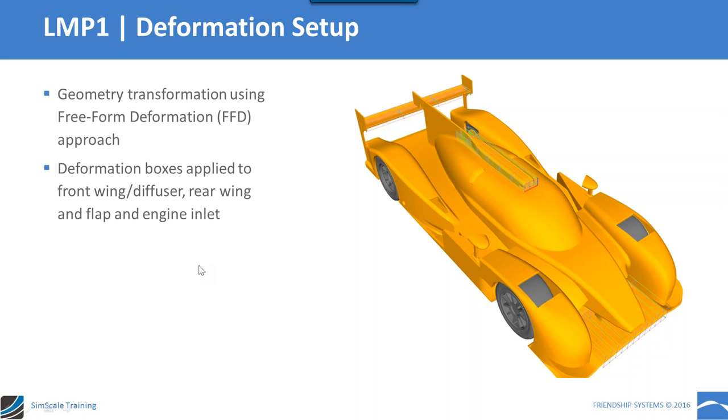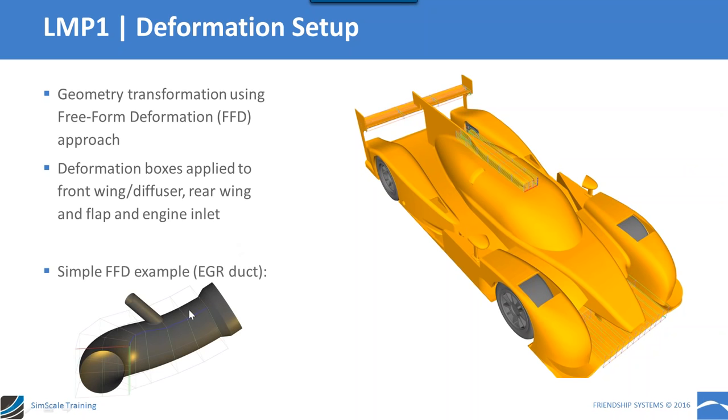I will just explain the idea easily. The positions of these boxes are connected to the positions of the triangles of the surface here in the geometry, and when you move these points, the geometry triangles will follow the points, and we will see this here.